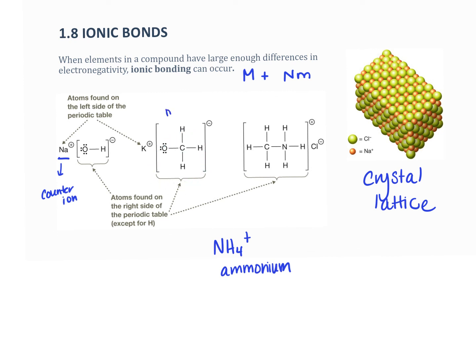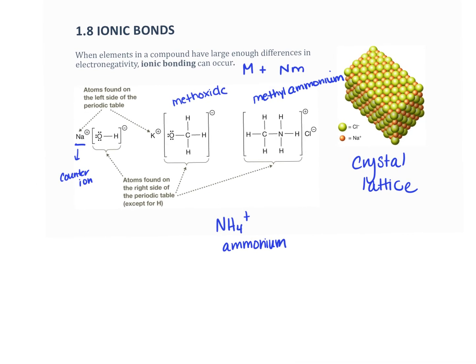So this guy right here is called methoxide, okay? And methylammonium, which is shown here. So all of these are really common polyatomic ions. So again, the best way to identify an ionic bond is to look to see if it's a metal or nonmetal, with ammonia being the exception.